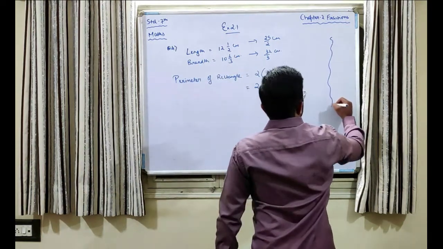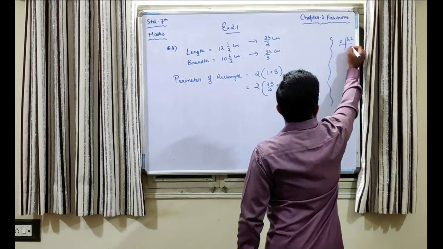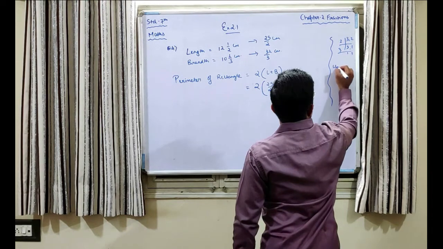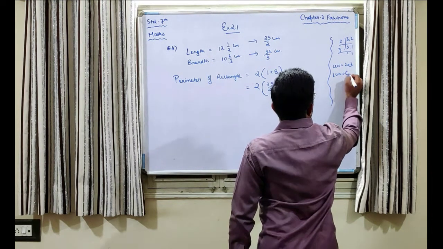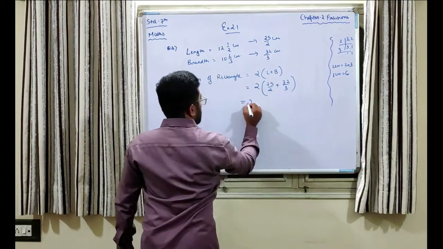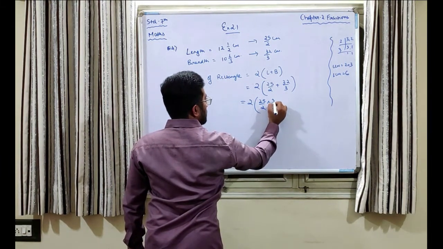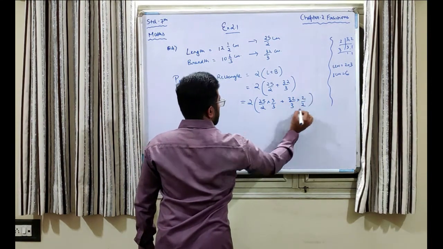So taking the LCM of 3 and 2, 2 1s are 2, 3 1s are 3. So LCM will be 2 into 3, that is 6. So 25 by 2 multiplying 3 here plus 32 by 3 multiplying 2 here.